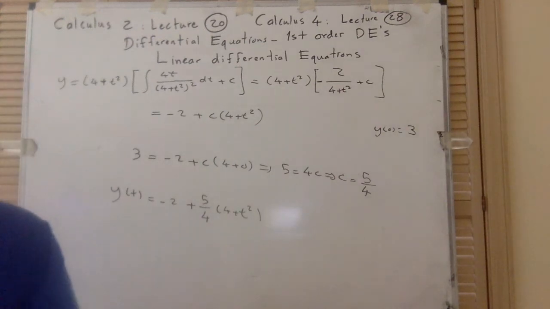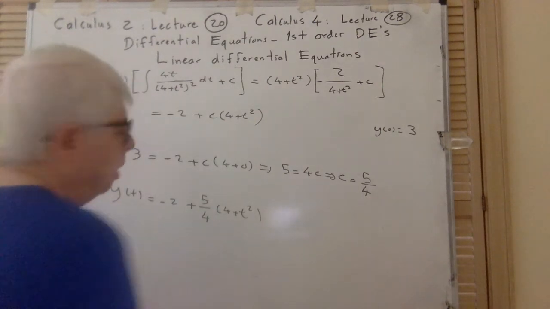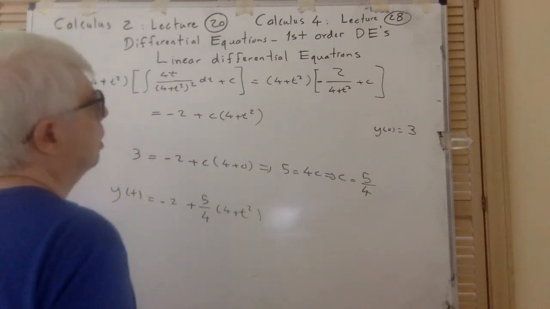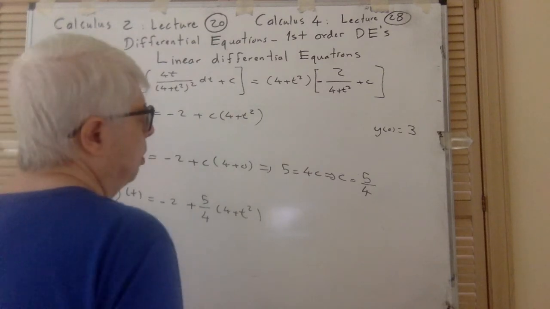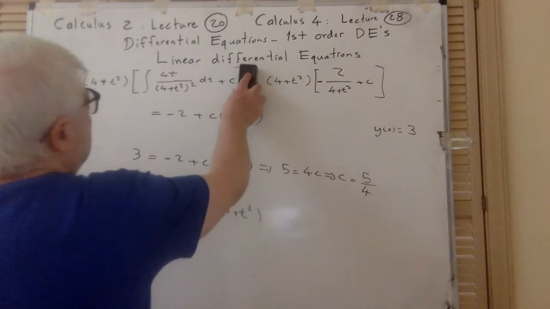Okay, let me see if I can find another nice one here for you. When I was doing this, I gave you an example of a simple equation that is not separable. So let's do that.